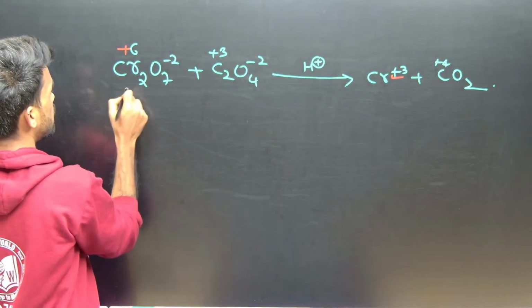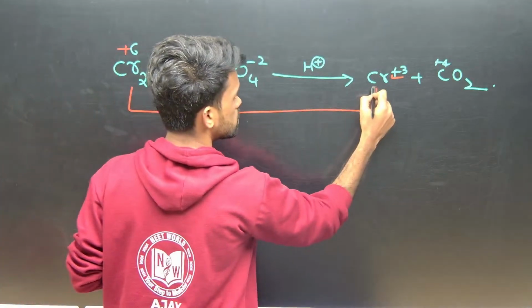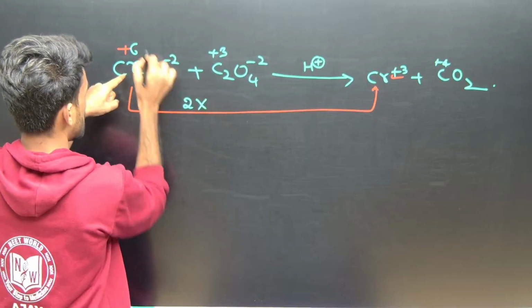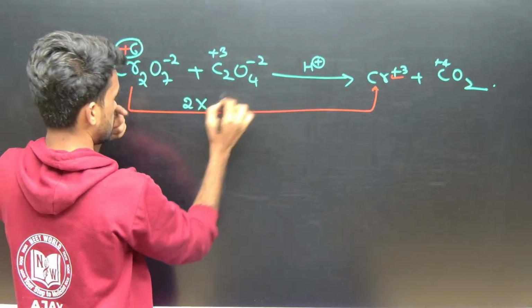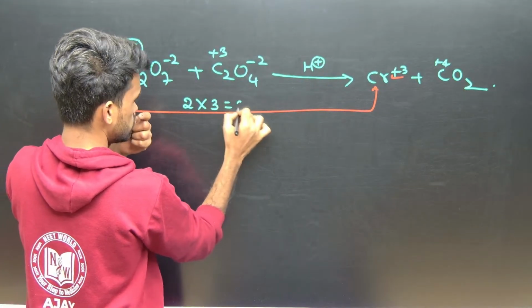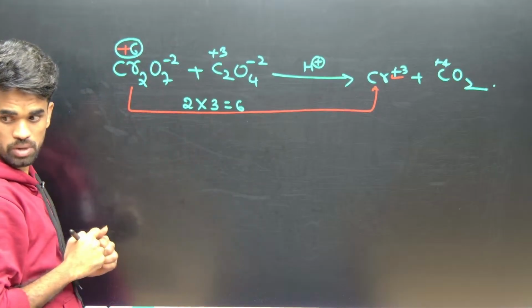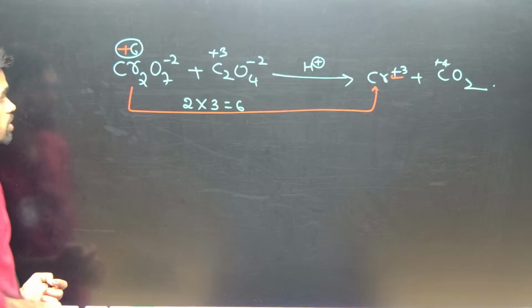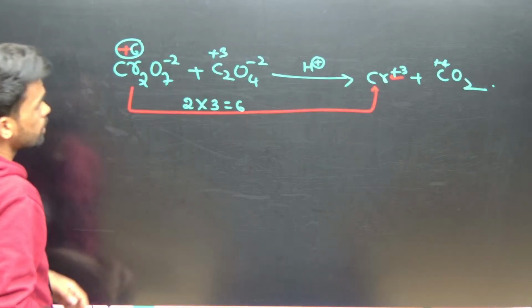So now how many electrons are involved in this process? 2 chromiums are there, each one is converting from plus 6 to plus 3, means 3 electrons. For 2 chromiums it will be 6 electrons.